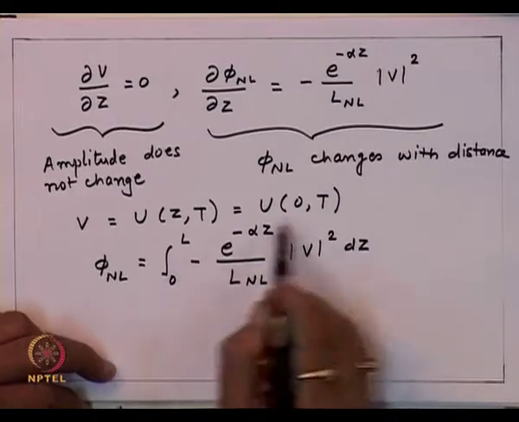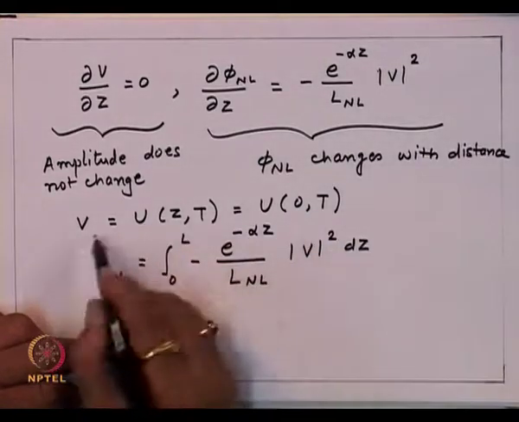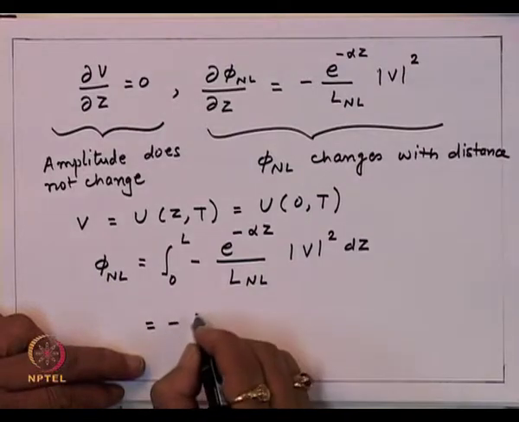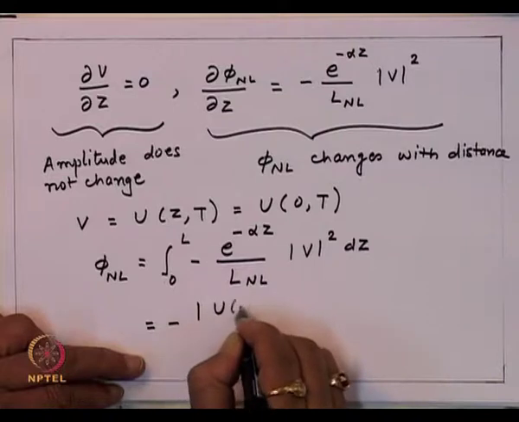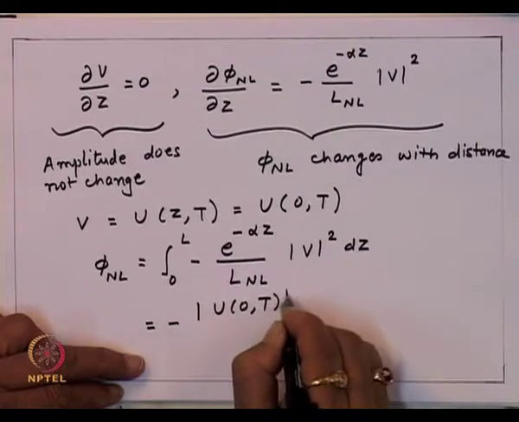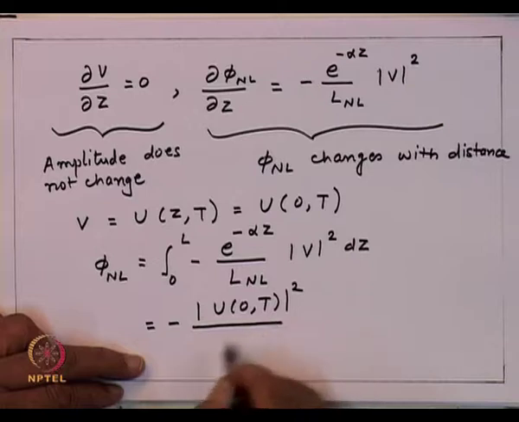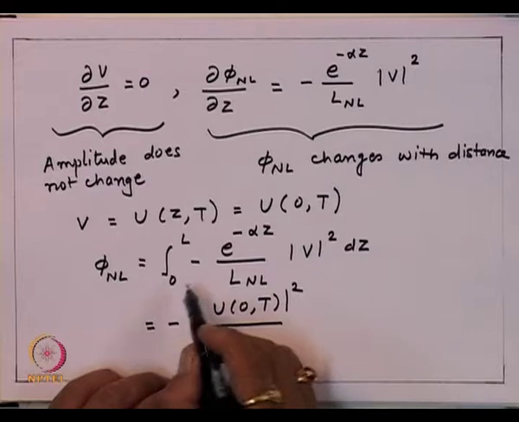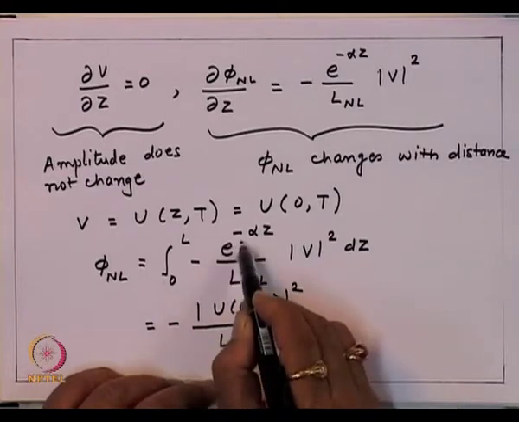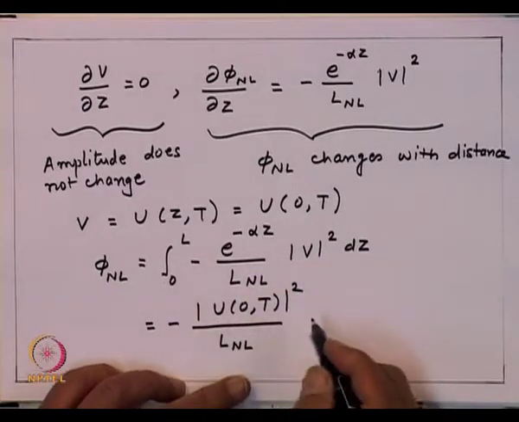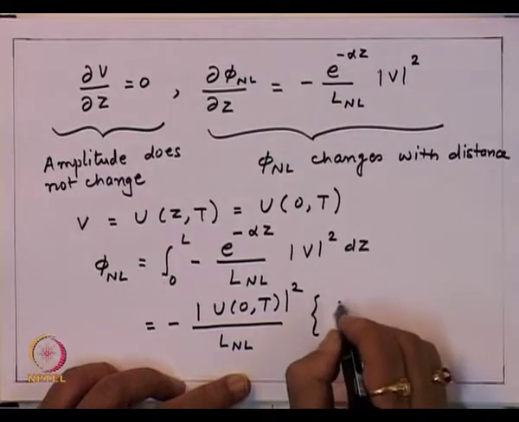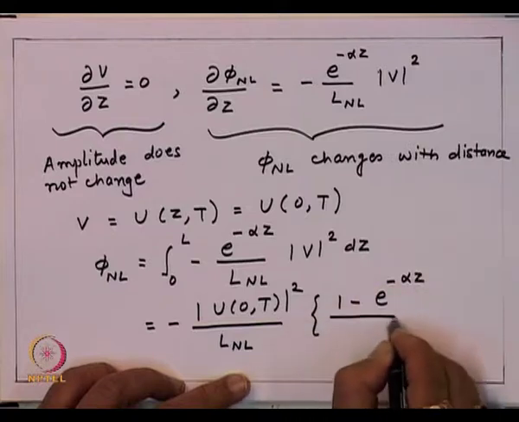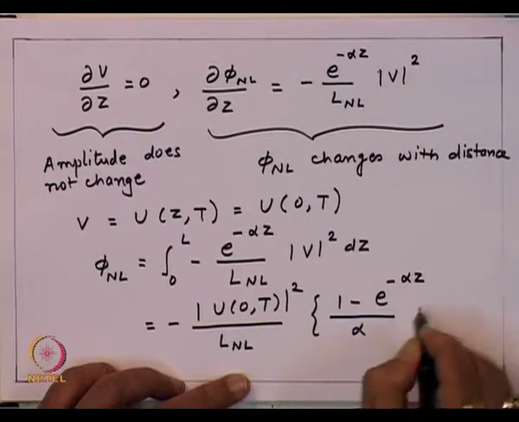And since this quantity is not changing as a function of distance, that is equal to minus mod u 0 t square divided by L NL. Then the integral is simply e to the power minus alpha z dz, which is a very simple integral to solve. So, you get 1 minus e to the power minus alpha z upon alpha.